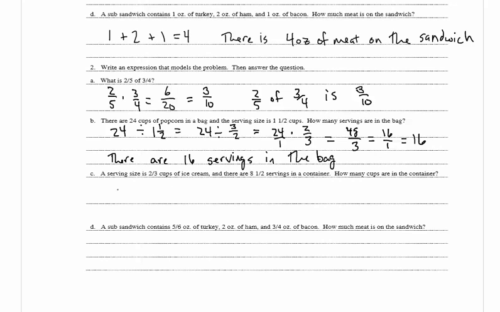In C it says, a serving size is 2/3 of a cup of ice cream, and there are 8.5 servings in a container. How many cups are in the container? So in order to find how many cups, we're going to want to multiply the serving size, which was 2/3, times the servings per container, which was 8 1/2. And now we're going to turn our mixed fraction into an improper fraction.